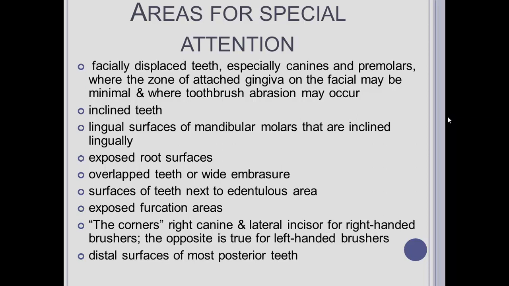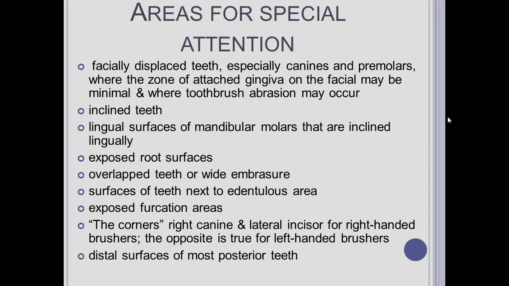Furcation areas are tough. And in general, right-handers tend to miss the right corners. They tend to brush the posteriors and then flip the toothbrush and access the anteriors, so they kind of miss those corners. So many times for right-handers, they miss the right corner, and lefties, they miss the left corner.